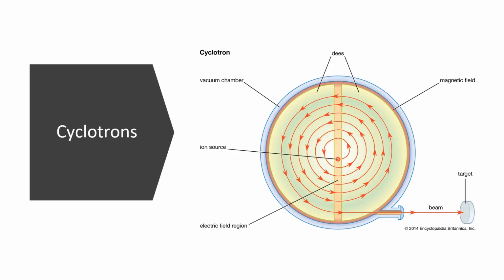And this is an example of what I just showed here. You have the ion source here in the middle, and these are the two Ds on each side. They're actually shaped like a D and then a backwards D. And this is the gap here in the middle.